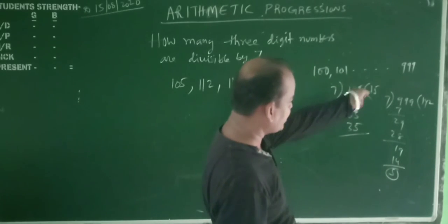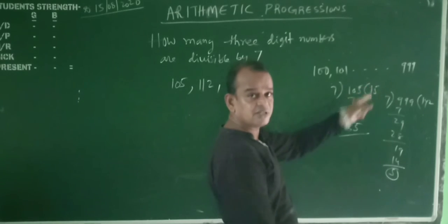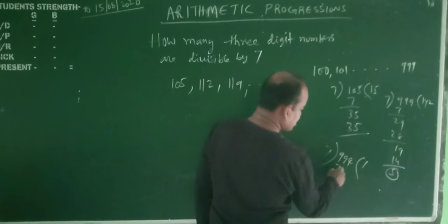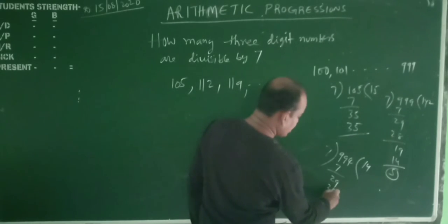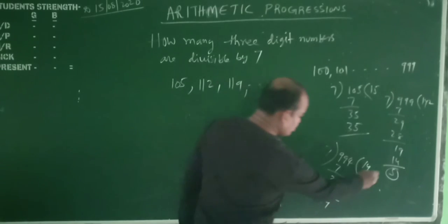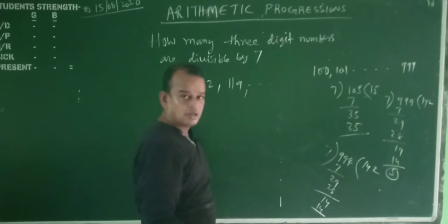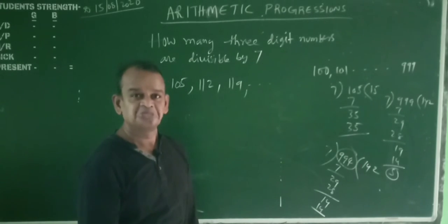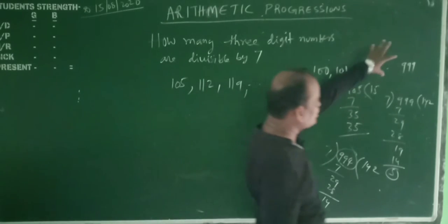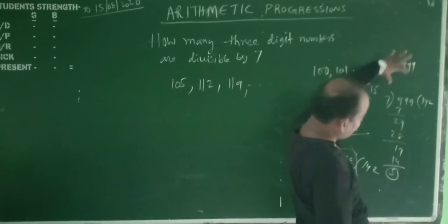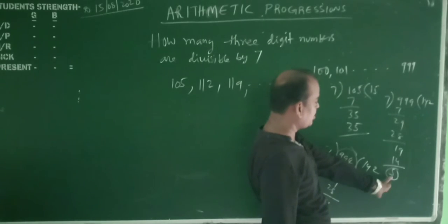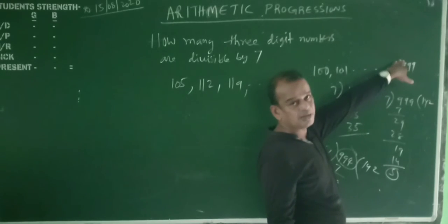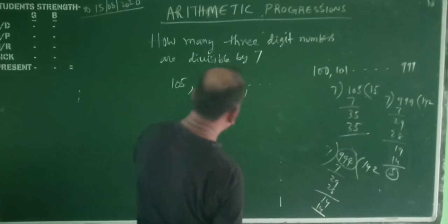Subtract the remainder 5 from 999, which gives 994. First, divide the last number by 7; whatever the remainder is, subtract it from the last number, and we get the last term, 994.